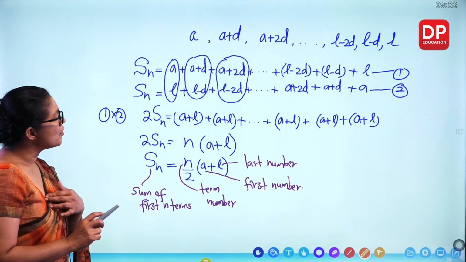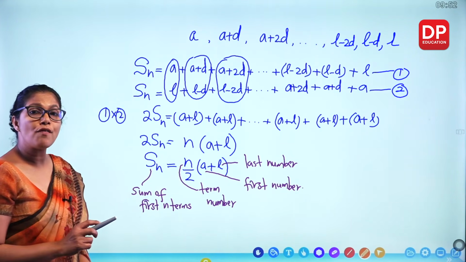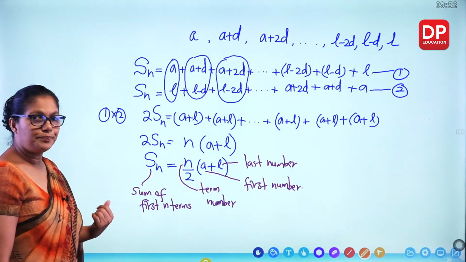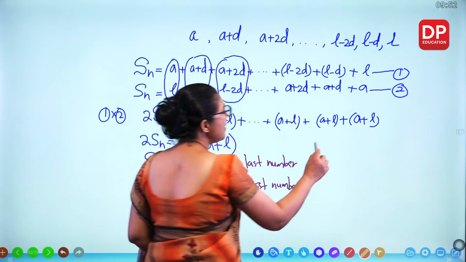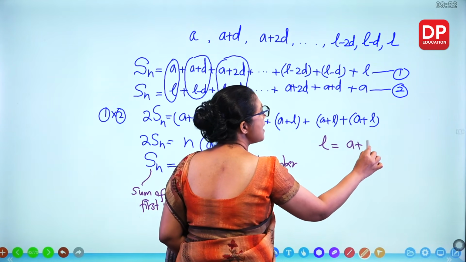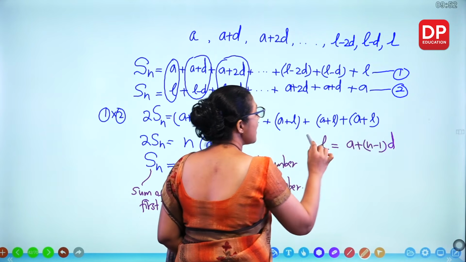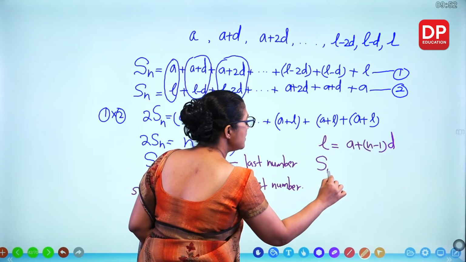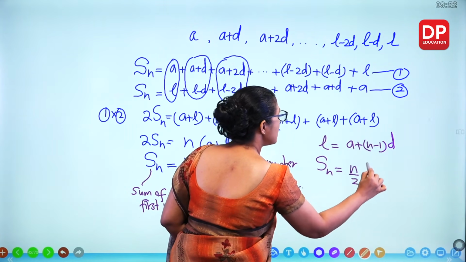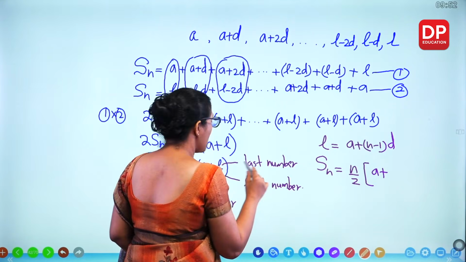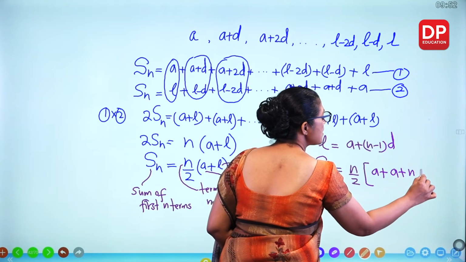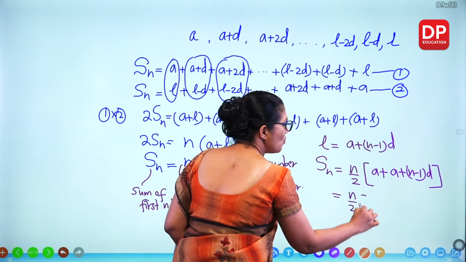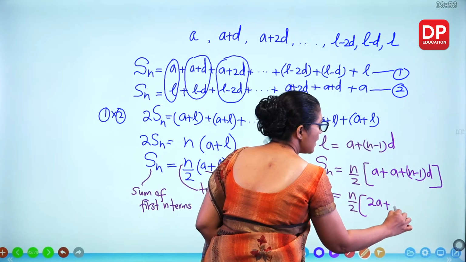I want another formula in terms of A and the difference D. So what is L? The last term is the nth term. I can write L as A plus (n minus 1)D. That's like the nth term. So I'll plug this into Sn instead of L: A plus (n minus 1)D. What's the formula I'm getting? n over 2, A and A becomes 2A, plus (n minus 1)D.